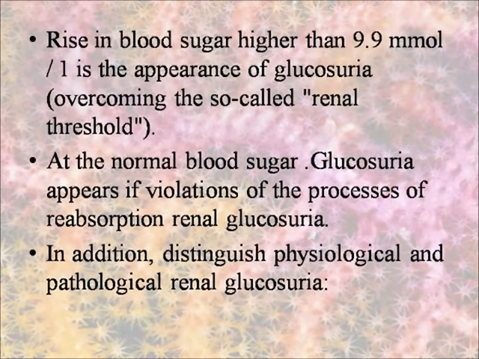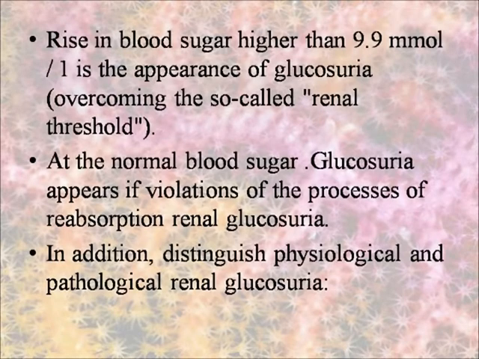A rise in blood sugar higher than 9.9 millimole per liter causes the appearance of glucosuria, overcoming the so-called renal threshold. At normal blood sugar, glucosuria appears if there are violations of the processes of reabsorption, renal glucosuria.